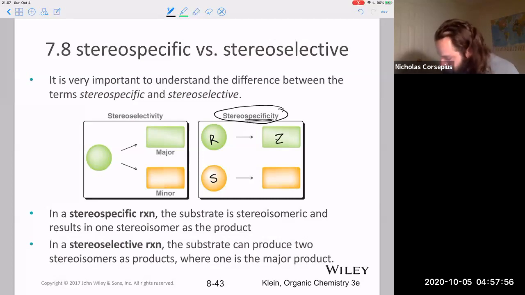So an R would produce Z, an S would produce E, something like that. That would be stereospecific. Starting out with one specific stereoisomer gives you a specific stereoisomer on the other side.